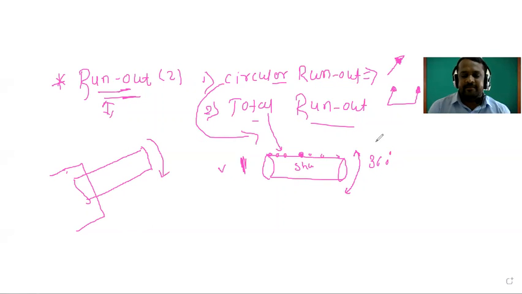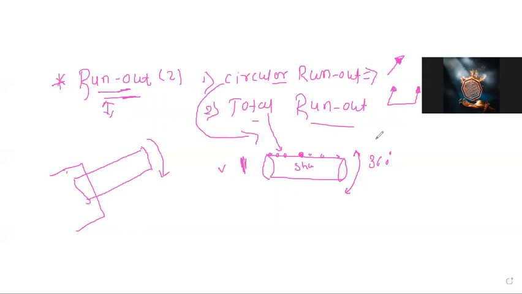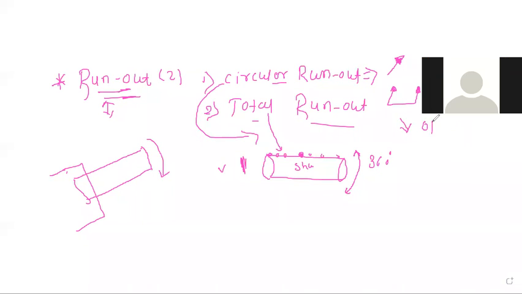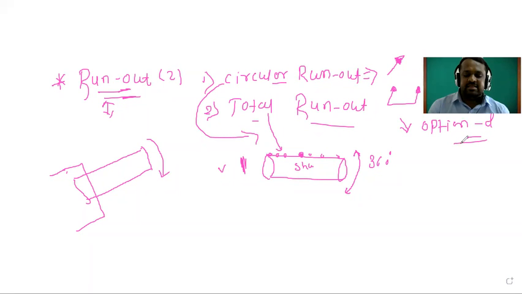Do you understand or not? Yes, sir. So this is the run out. Here for this run out, the datum is optional. Sometimes it is required, sometimes it is not required. Datum line is optional.